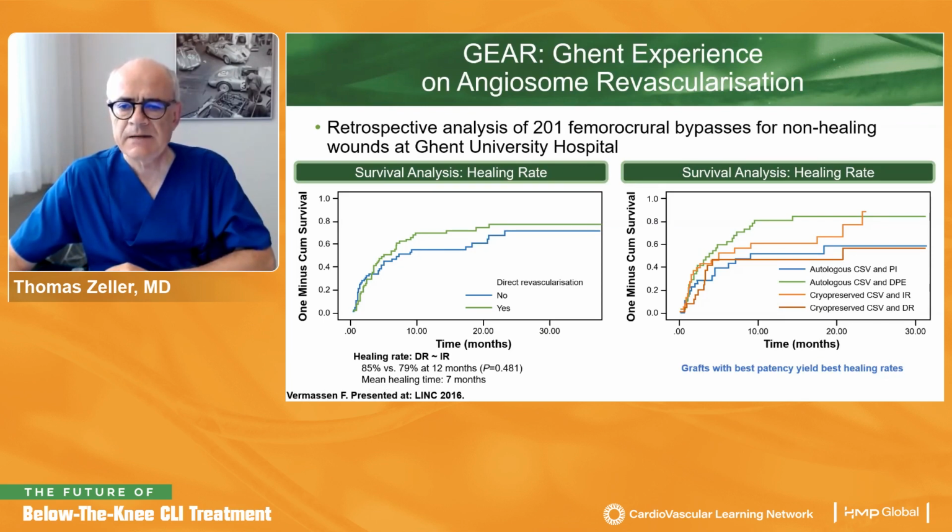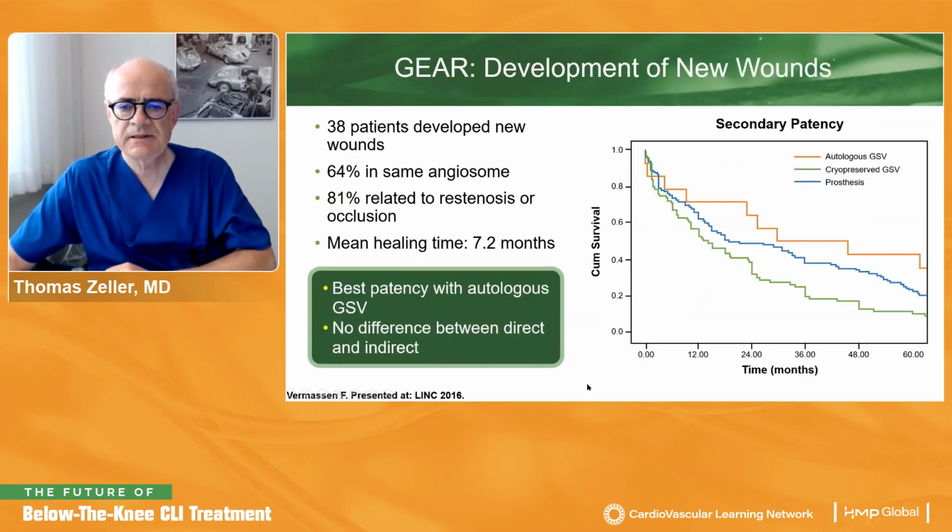So the bypass graft with the highest patency rate, which is the autologous venous bypass graft, did show the highest wound healing rate. Besides that, direct revascularization by stent did also show a better wound healing rate.